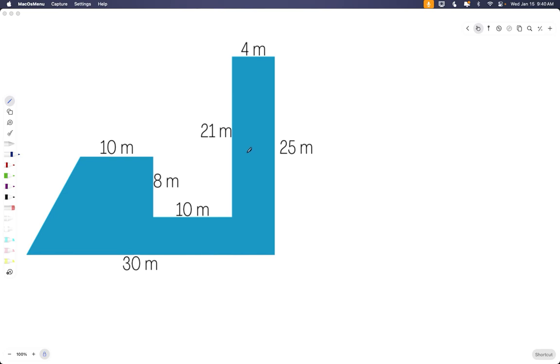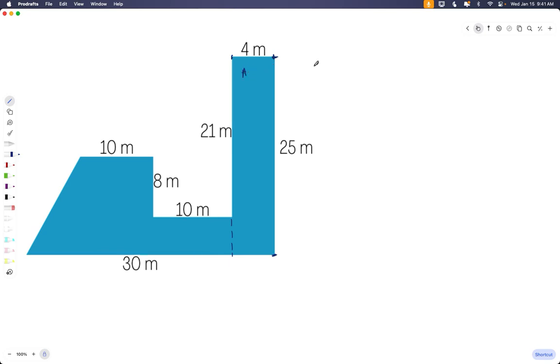So the first shape that I see here is this rectangle. I mean, that's a no-brainer. It's 4 wide from here to here. That's its total width. And its total height from here to here is 25. So we know that.